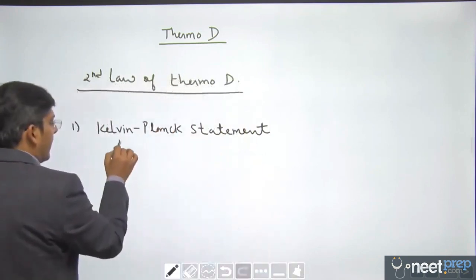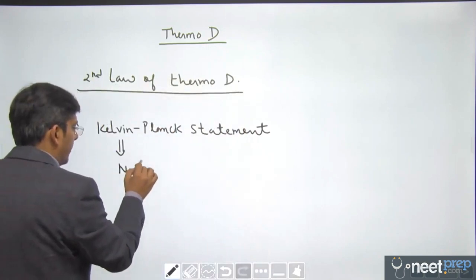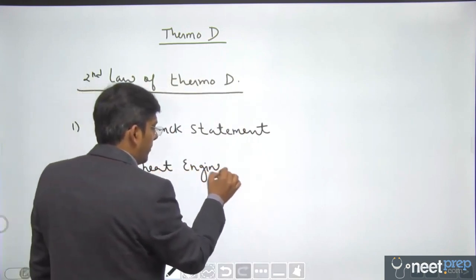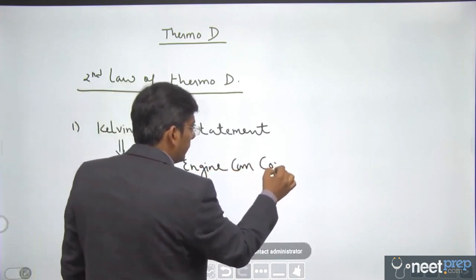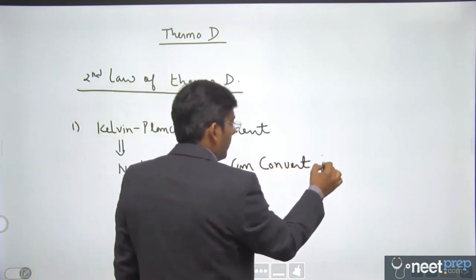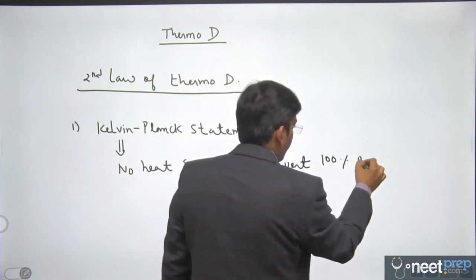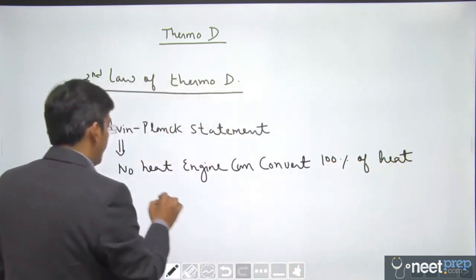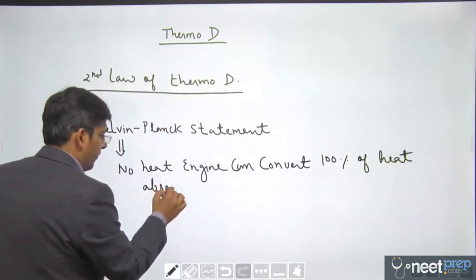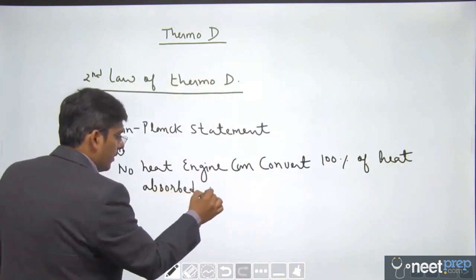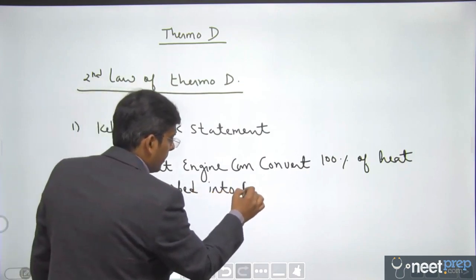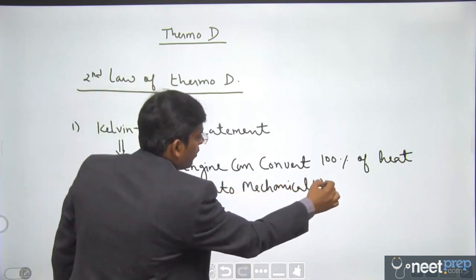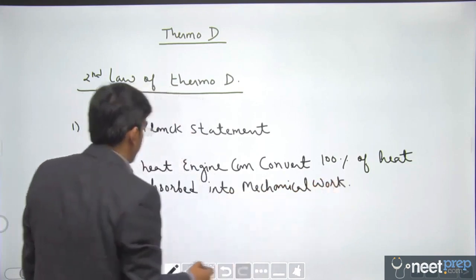So their statement says that no heat engine can convert 100% of heat absorbed into mechanical work, right dear students. You cannot make an engine with 100% efficiency.